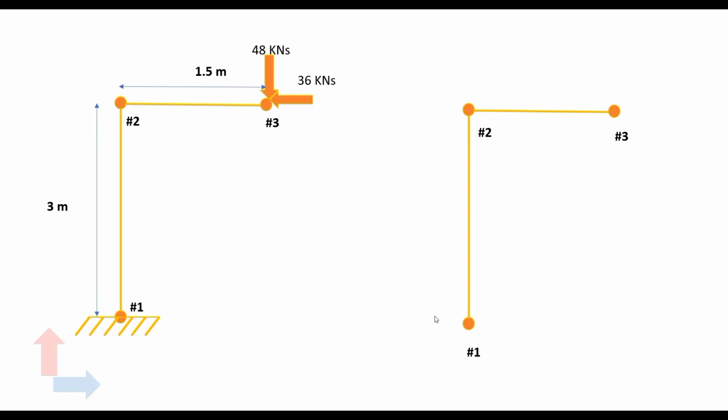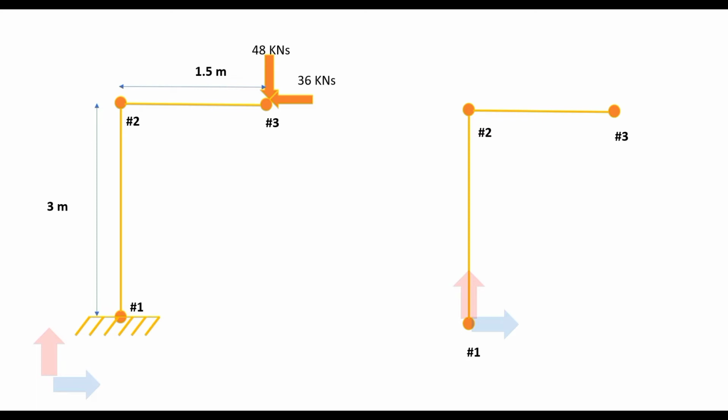Now on the right side of the screen is the computer model that we intend to create, and the first thing that we intend to do is to have node number 1 at the global origin. Thus, the origin of the global x and global y axis will start from node number 1.